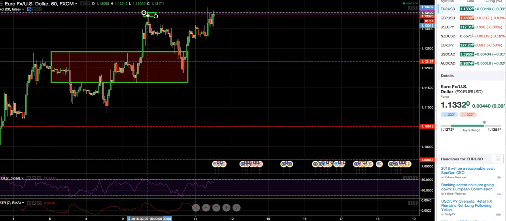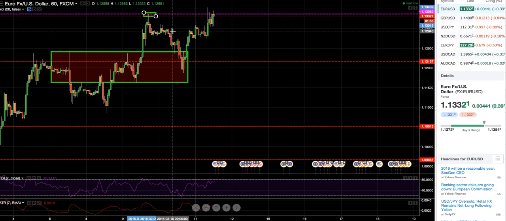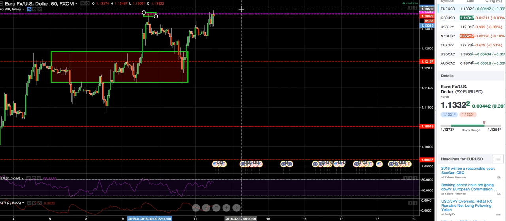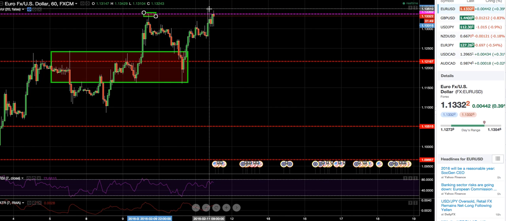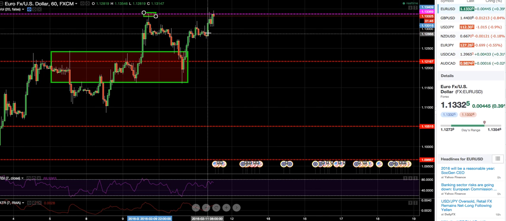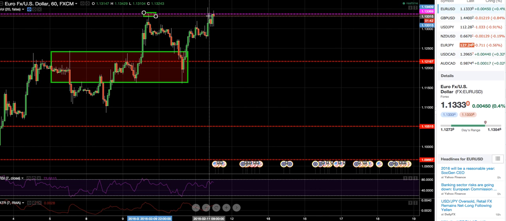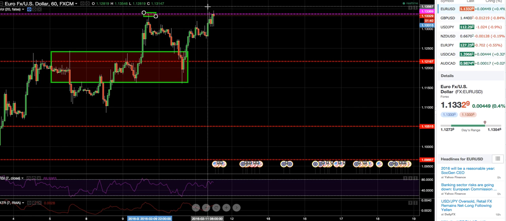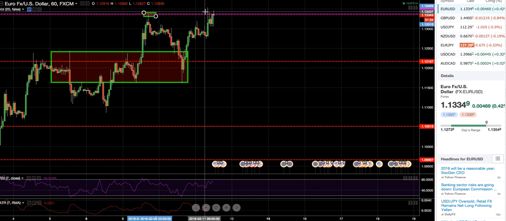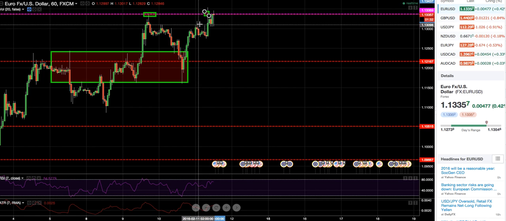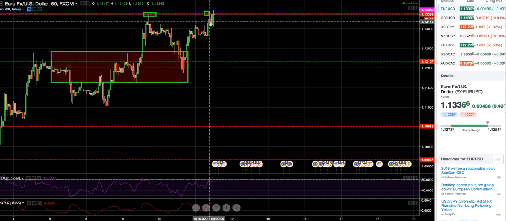Now, when the market came back into that same level, you can see that this candle is quite large. It came up into this level, went above, did not close above, and then got sucked right back down, so respect right here. Same with the candle beside it.